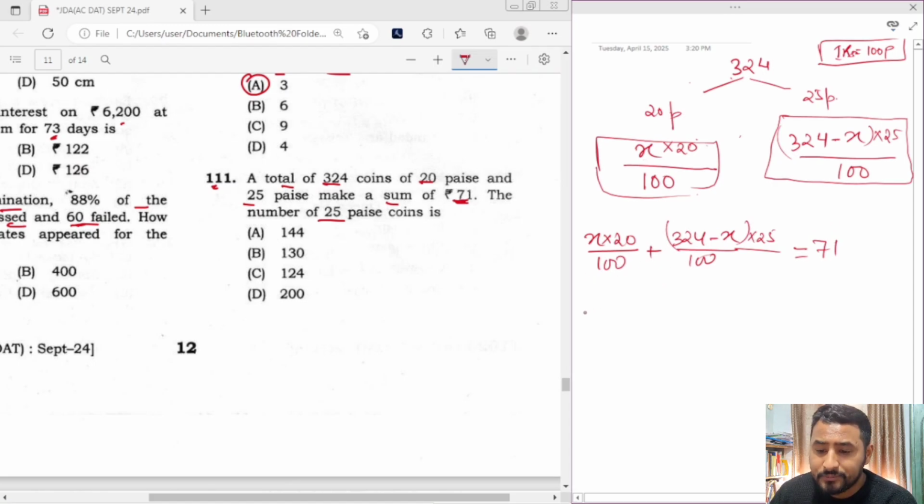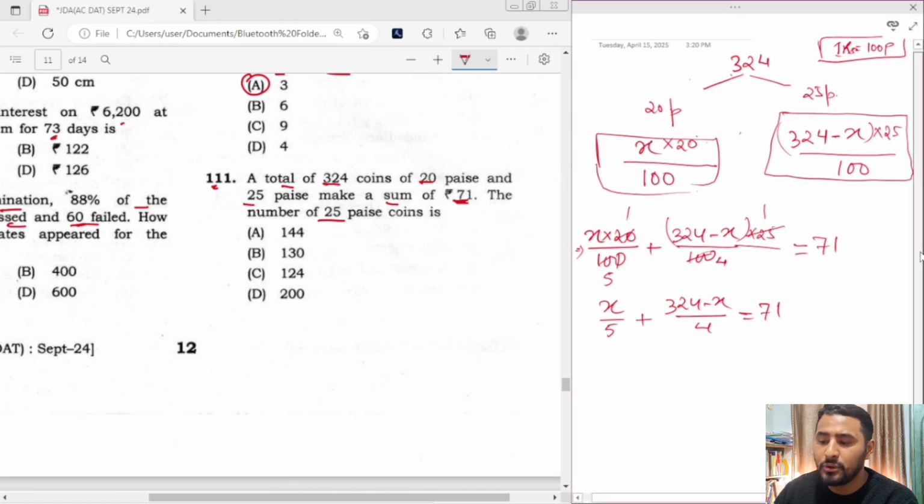Let us see, to solve this, we cancel the zeros: 20 by 100 gives 1 by 5, so you get x by 5 plus, cancelling 25, 1 by 4, you get 324 minus x by 4 equal to 71. It is up to you how you solve.